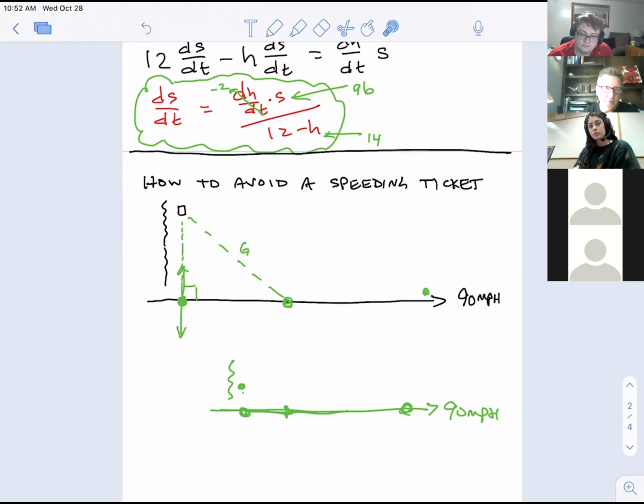They're going to be next to the road. The cop never goes out here, because they won't see the speed that you're actually going. They've got to be close. You've got to be going toward them or away from them in order for this to work. So this is a related rates question. Let's figure this out.